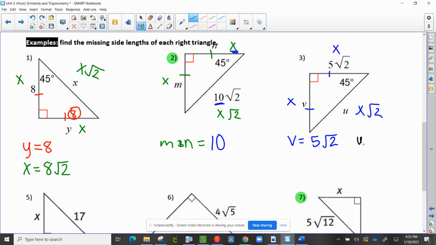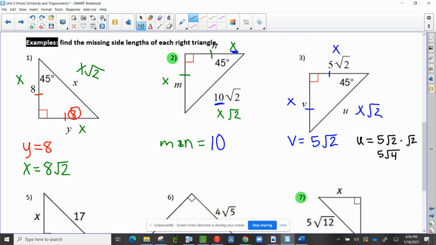So here's how I'm going to find u. I'm going to do this work on the side here. U has to be equal to the x value, which in this problem is 5 root 2, times root 2. If we remember properties about multiplying radicals, you can multiply a radical times a radical. So this becomes 5, and 2 times 2 is root 4.